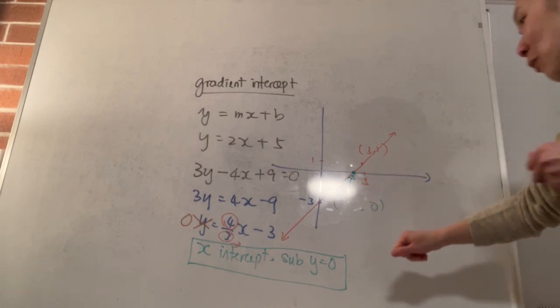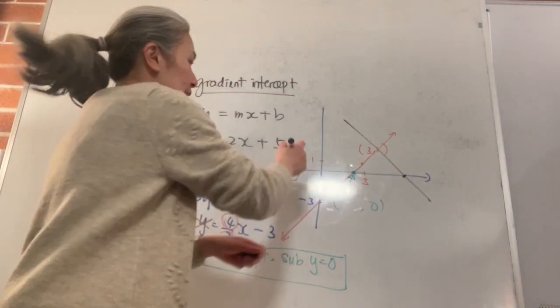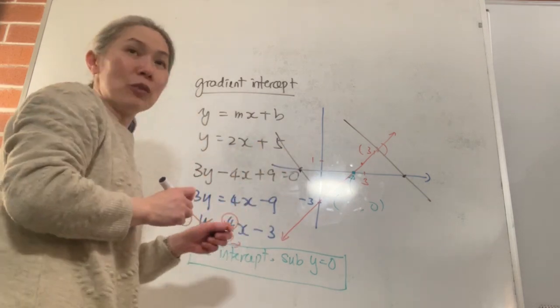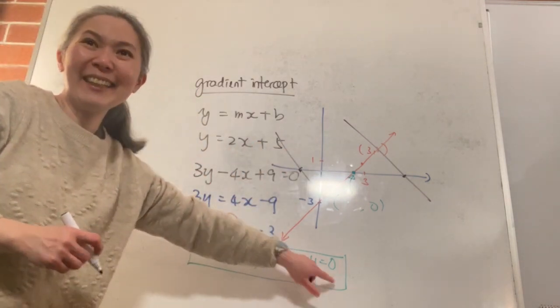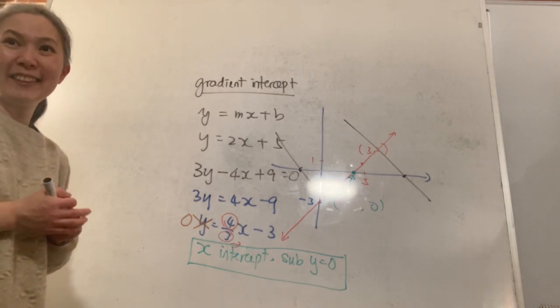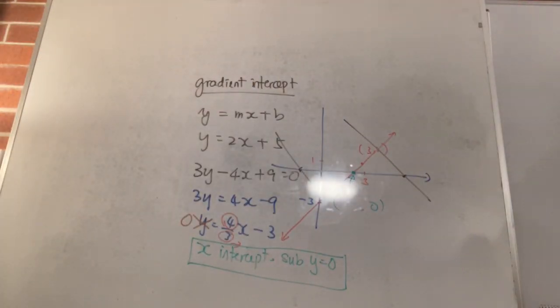It doesn't matter, when you cut the x-axis, your y-coordinate has to be 0. So to find x-intercepts, you are going to put y equal to 0. And then do I make x the subject? Yes, that is how you find out the x.